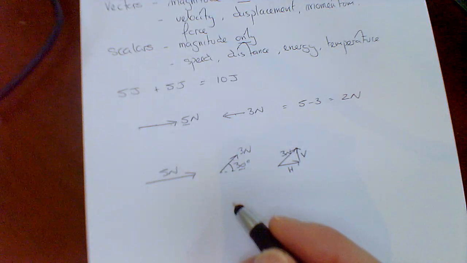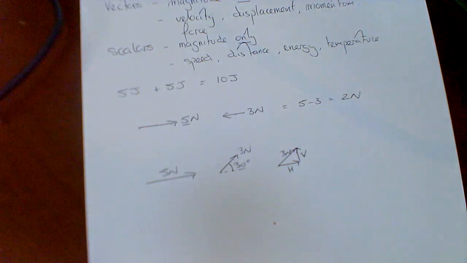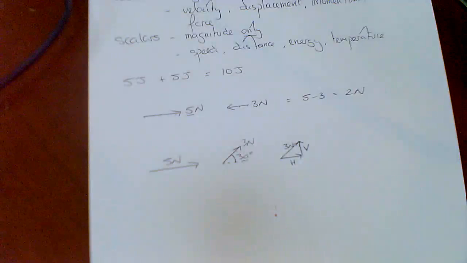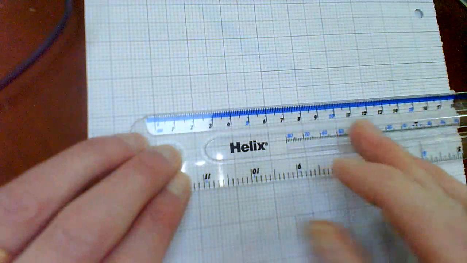So what we would do is we would take some graph paper and this is where we have to get really precise. We would say, well, we have a 5 centimeter line, 1 newton, 1 centimeter. So we can draw a 5 centimeter line.